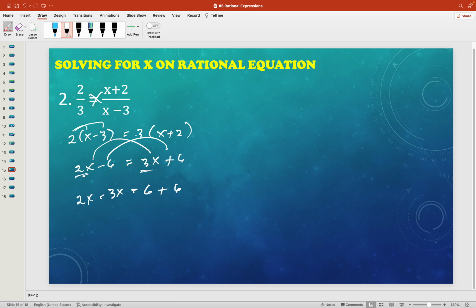Is that correct? 2x minus 6, 3x plus 6. Okay. So 2x minus 3x, we have negative x, and 6 plus 6 is equal to 12. Since it is negative, multiply both sides by negative: negative x becomes positive x, and positive 12 becomes negative 12. So x now is equal to negative 12.